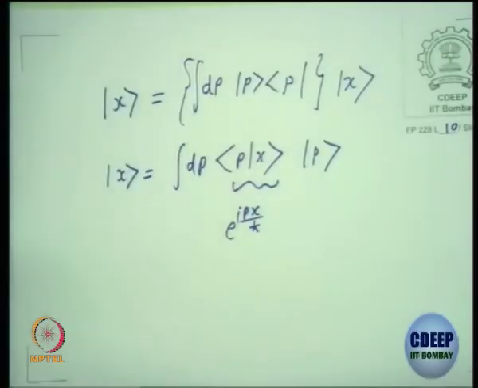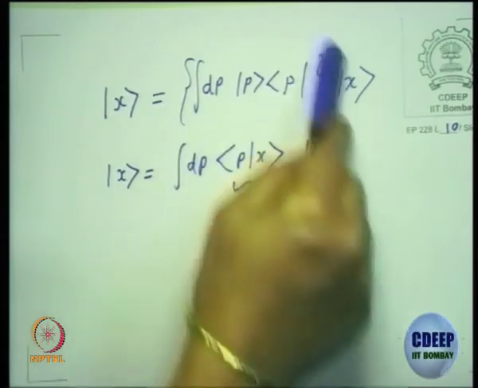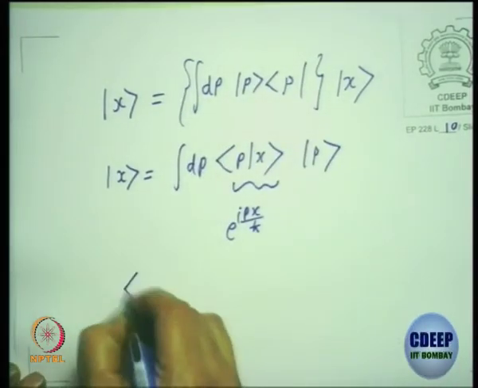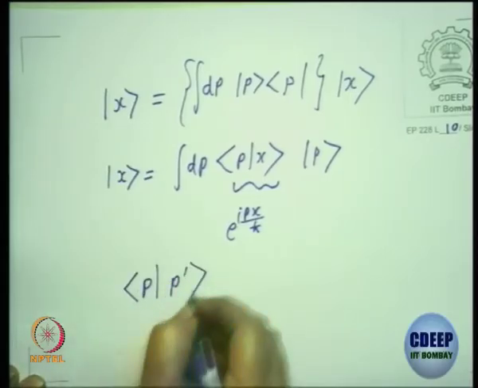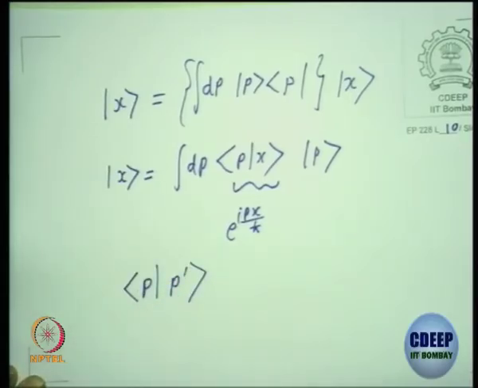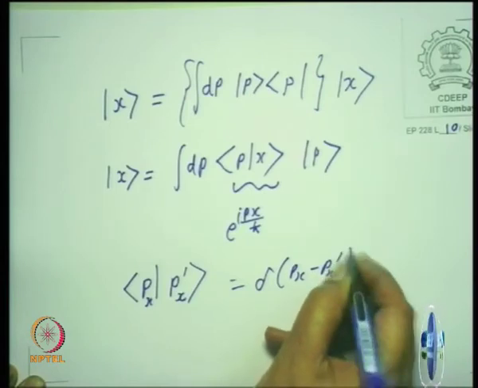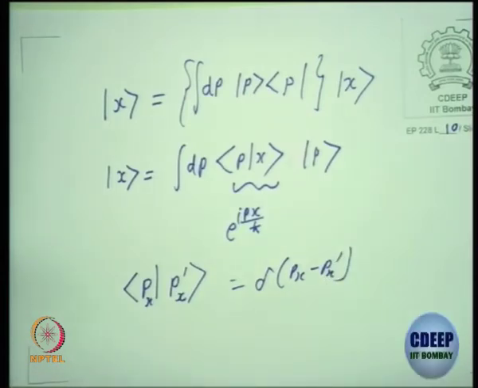But I have introduced for you that there is a unit operator in the continuum, uncountable linear vector space, which is the completeness condition, and the corresponding orthogonality condition in momentum space will be, in one dimension, <px|px prime>, a delta function of px minus px prime. So you need to remember that when you are in an uncountable continuum linear vector space, you will have the Dirac delta function for orthonormality.